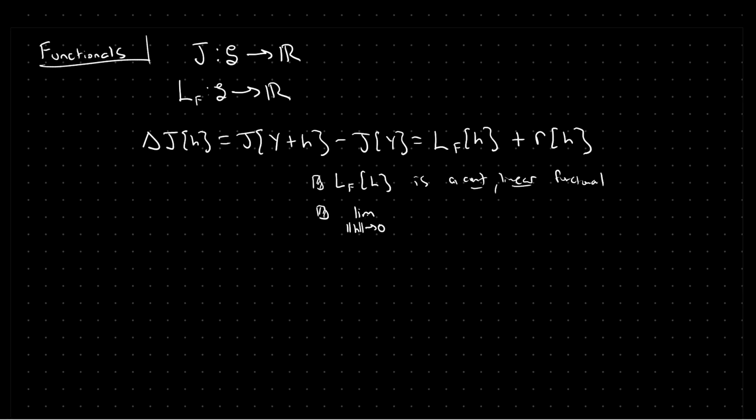This norm right here is the function space norm, so it's the norm with respect to this normed linear space. The ratio r of h over the norm of h, the size of the variation h, has to be equal to 0.